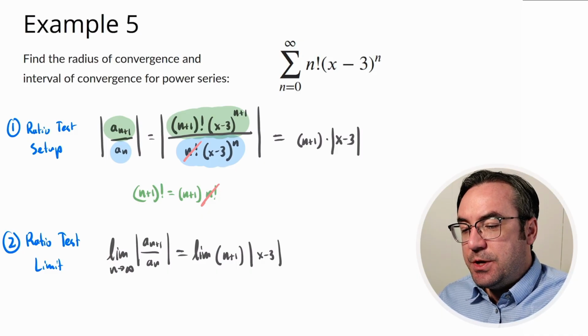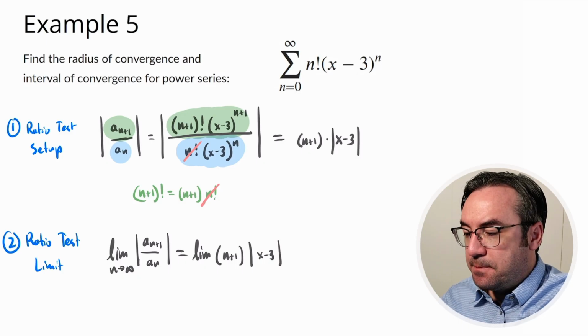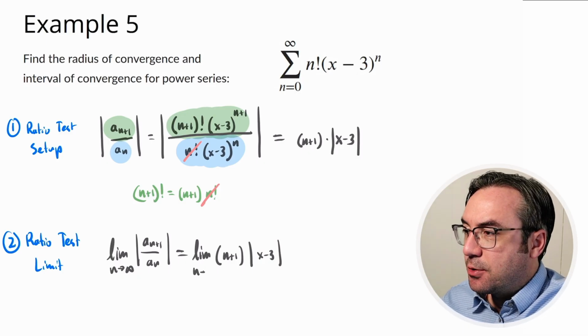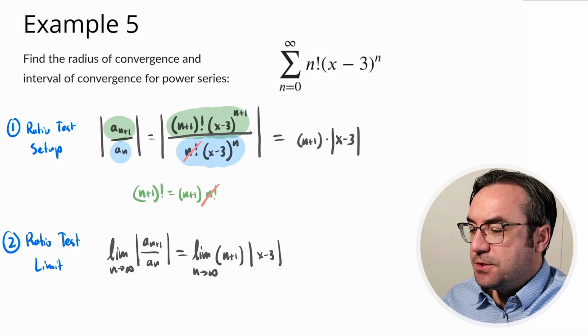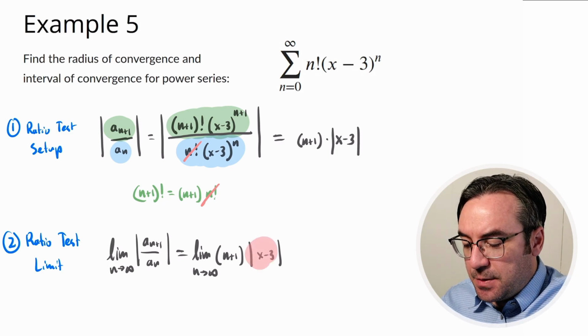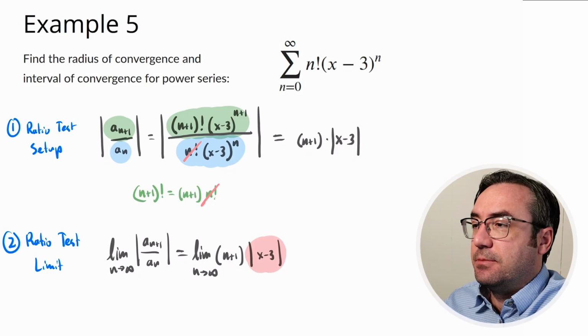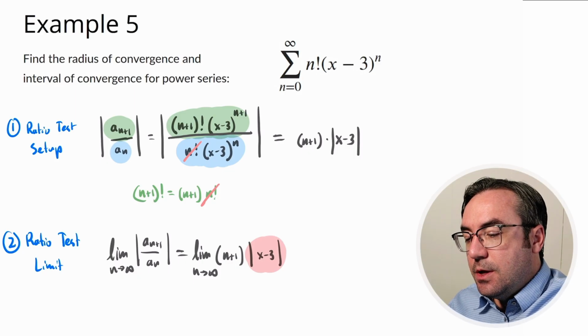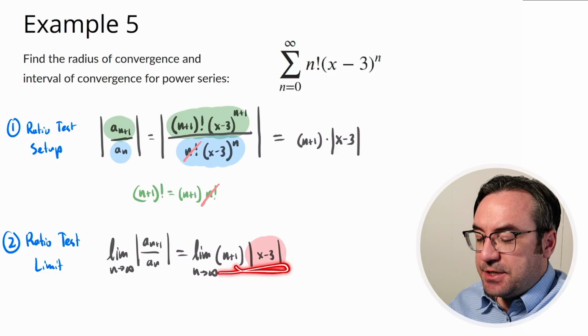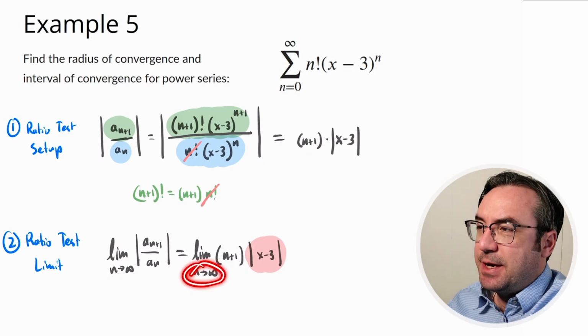And when we do this limit, we want to remember n is the thing that's approaching infinity. So that x minus 3, in the context of that limit, is just a constant term. So we want to think about what happens to this expression as n gets bigger and bigger.